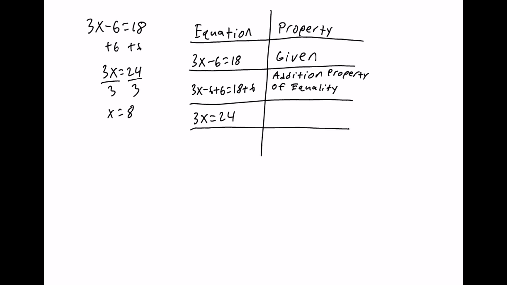Every time you combine like terms or simplify, you're replacing something with what it's equal to. So the one property you'll use a lot in every single one of these is the substitution property of equality.